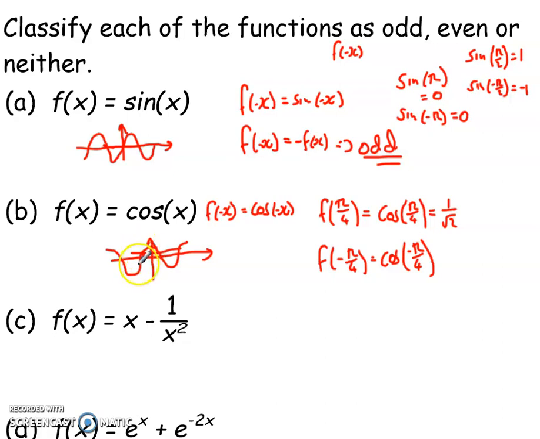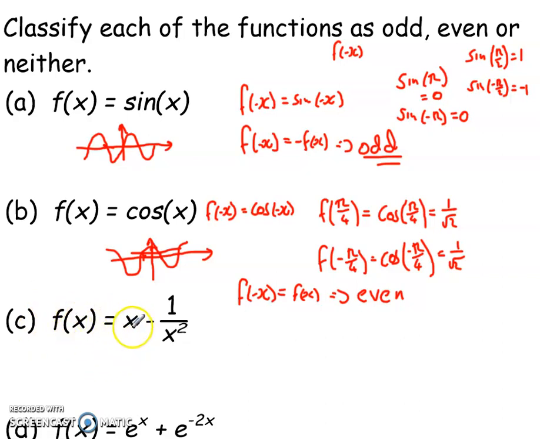So the value at negative pi by 4 is the equivalent of the value at pi by 4. So at negative pi by 4, I'm also going to get 1 over root 2. So what I've just shown there is that f of negative x is equal to f of x. I get the same value for both, so using my definition I can say therefore it's even. I know that cosine of x is an even function.